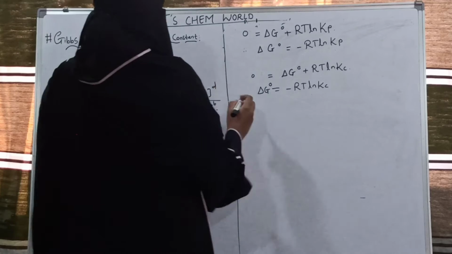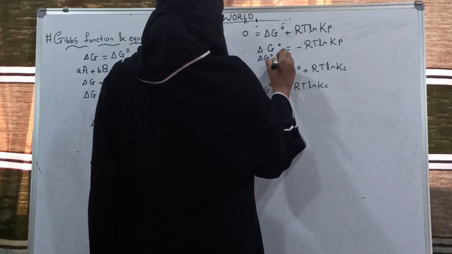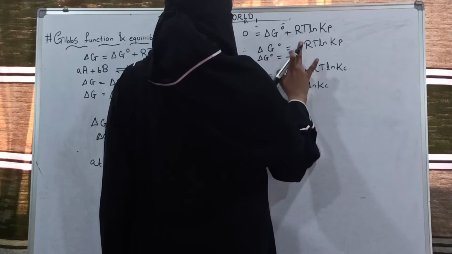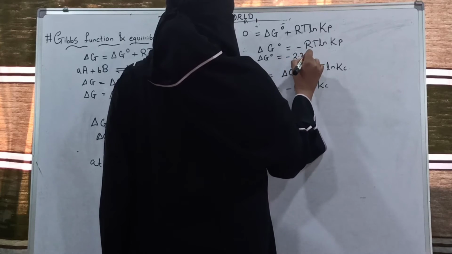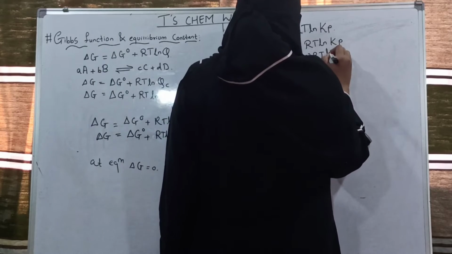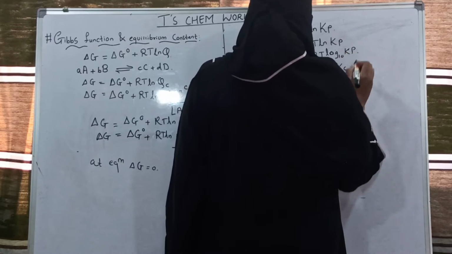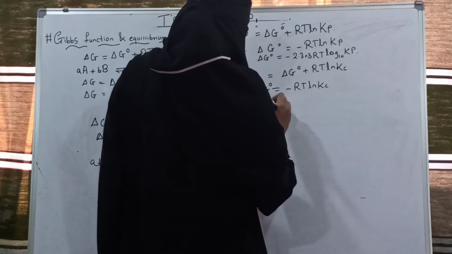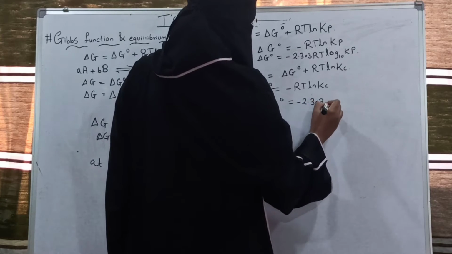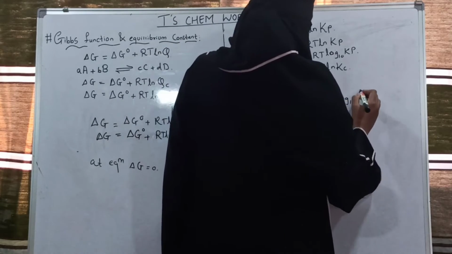Or we can also write it in the form of log to the base 10 as delta G0 is equal to minus 2.303 RT log to the base 10 Kp, or delta G0 is equal to minus 2.303 RT log to the base 10 Kc.